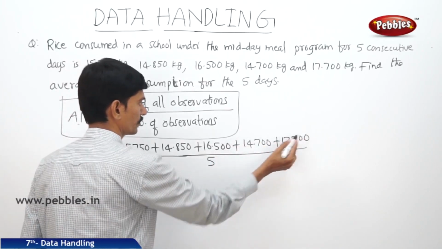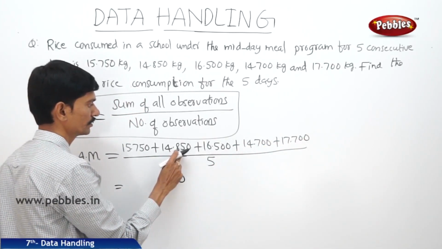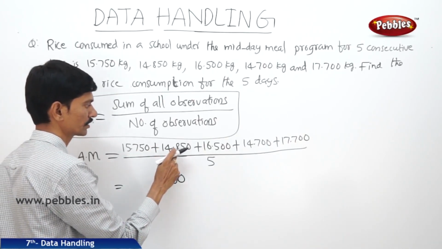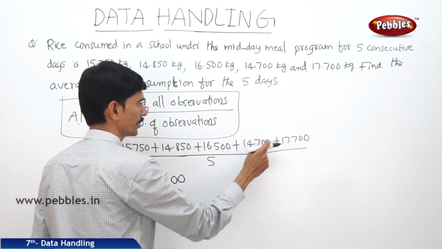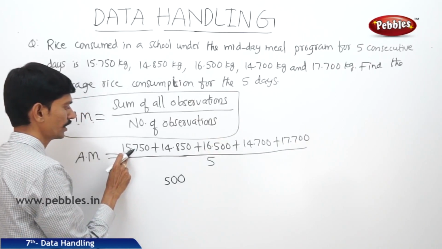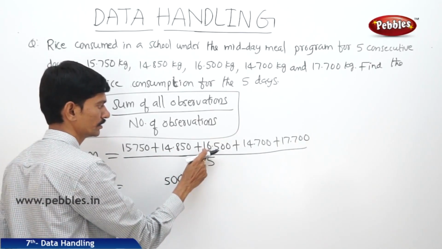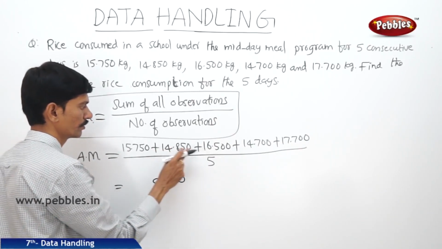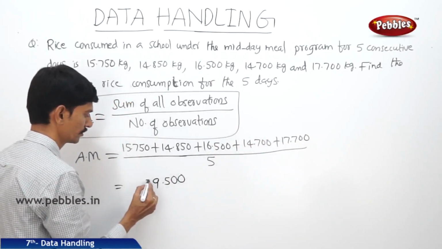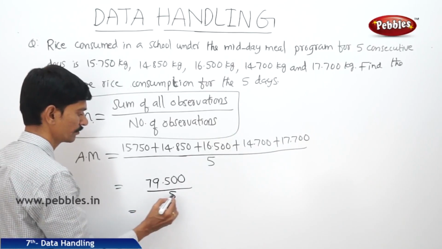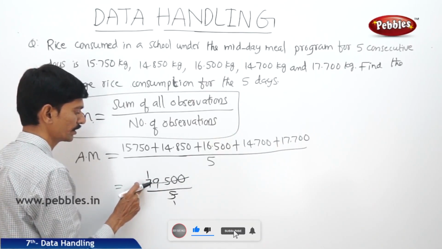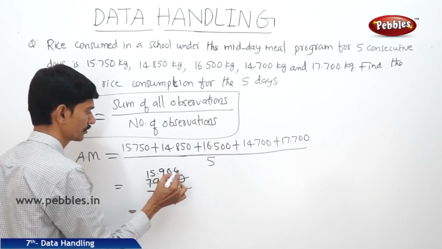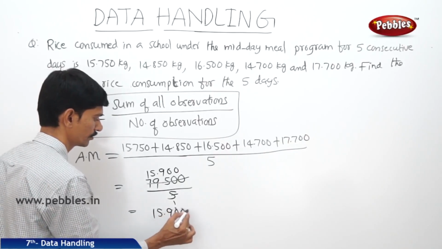So this equals the sum of the observations, 79.500, divided by 5. Dividing, we get 15.900 kilograms.